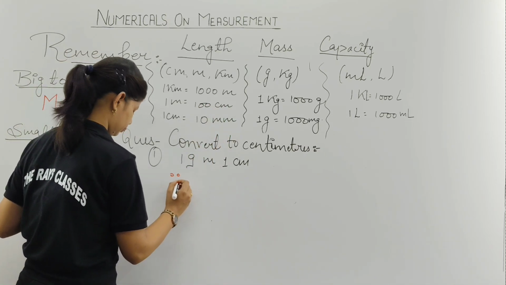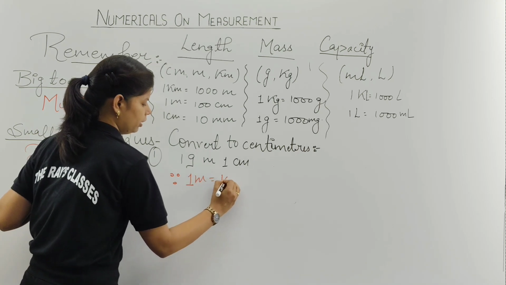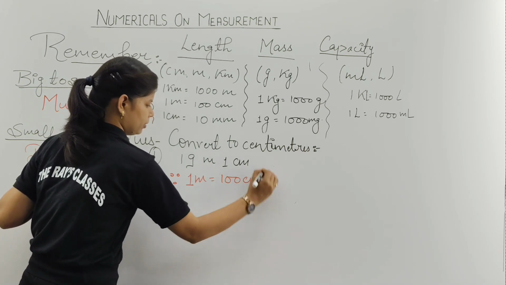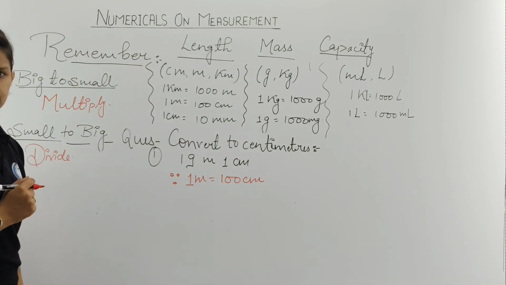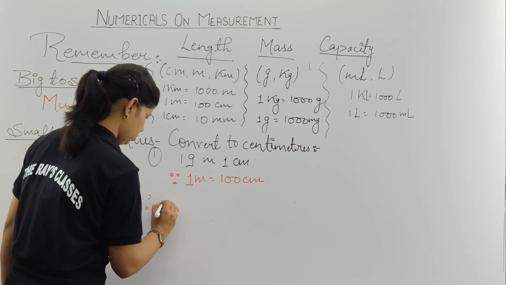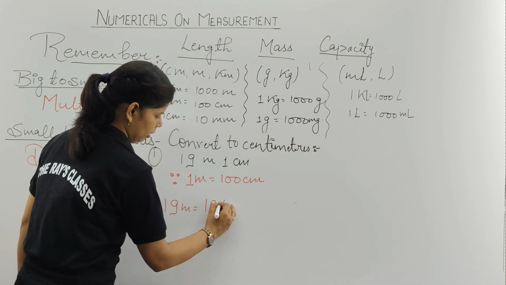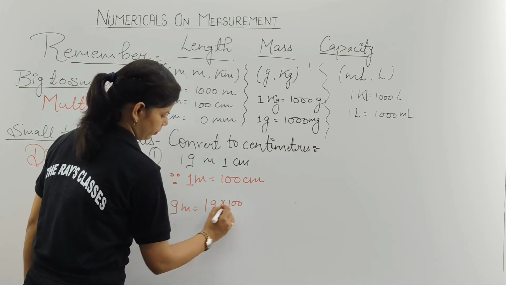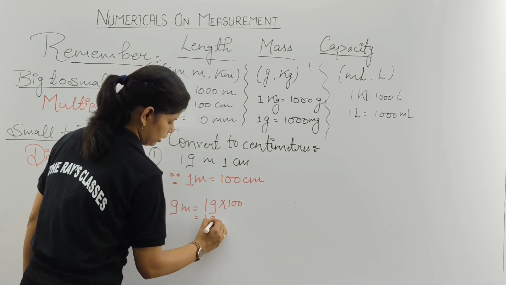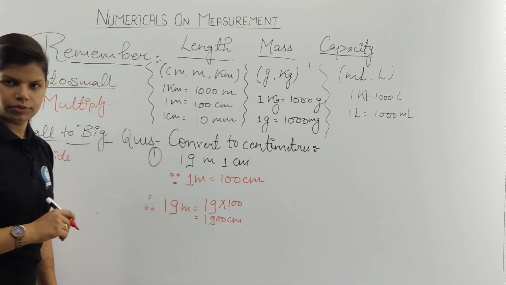Since 1 meter equals 100 centimeter, therefore 19 meter equals 19 multiplied by 100 equals 1900 centimeter.